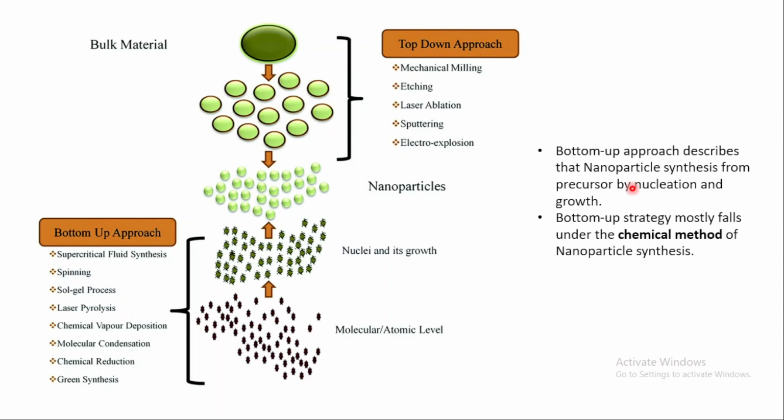While mostly physical methods of nanoparticle synthesis use top-down approach, where we have bulk of our material, then we grind it or we etch it or scratch it or we heat it. We apply all forms of mechanical force, heat force, thermal energy and radiation energy to break down the bulk material into the smaller sizes.